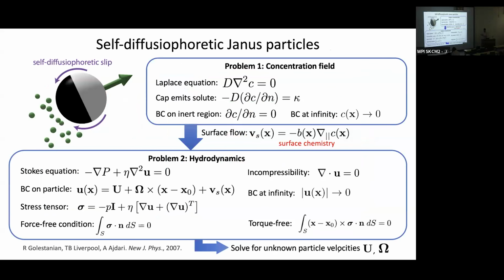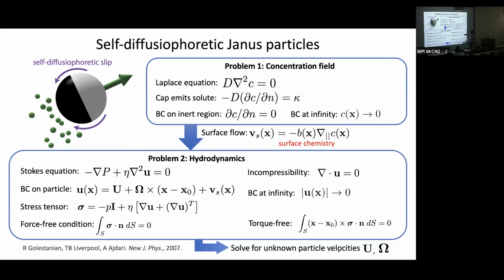Okay, what about Janus particles? Way back at the beginning, I talked about Janus particles. All you have to do to apply the squirmer model to Janus particles is get the surface flow from some model, and you see that this is a very, very simple model for the concentration field. So this is the simplest model for a chemical swimmer one can think of. The concentration field is governed by Laplace equation. The cap is emitting solute at a constant rate per unit area.